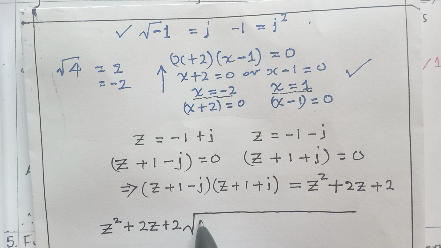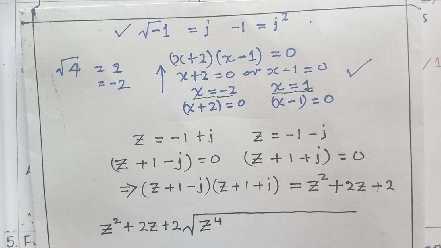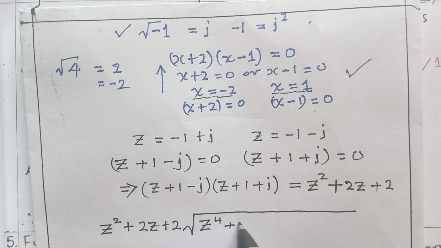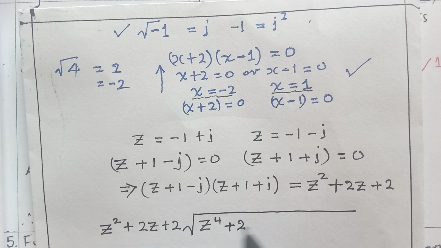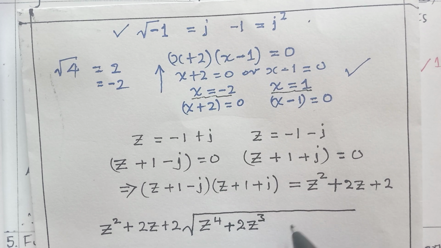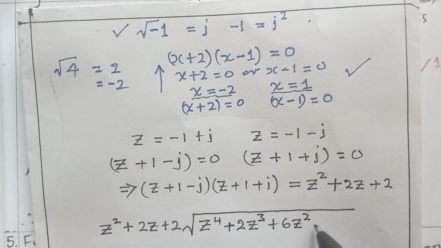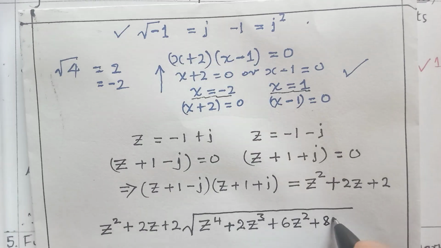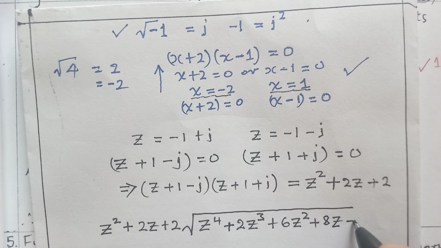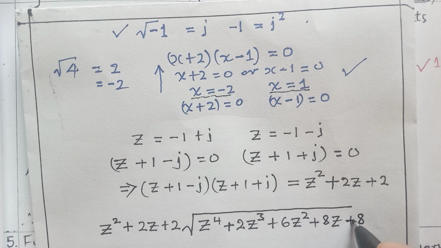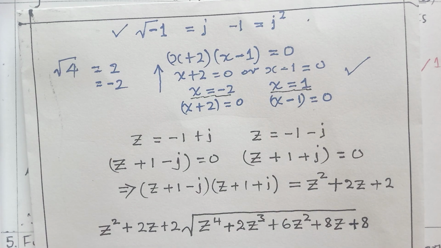This is z raised to 4 plus 2z raised to 3 plus 6z raised to 2 plus 8z plus 8. Now we divide in order to get our remaining two factors.